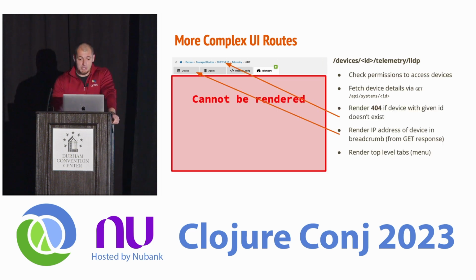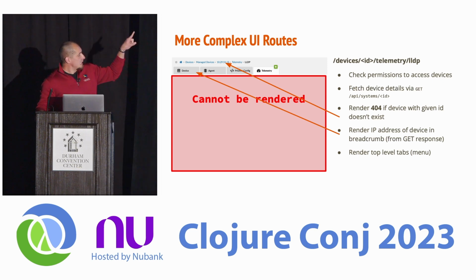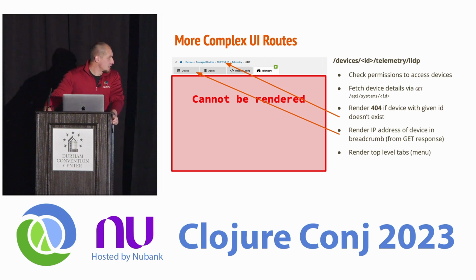So, first thing that we need to do, we need to fetch information about the device itself. And if there is no device, we cannot render anything else. We just need to render 404, which means that the only UI parts that actually depend on the result of the data fetching are breadcrumbs and the top level menu. You cannot do anything else.